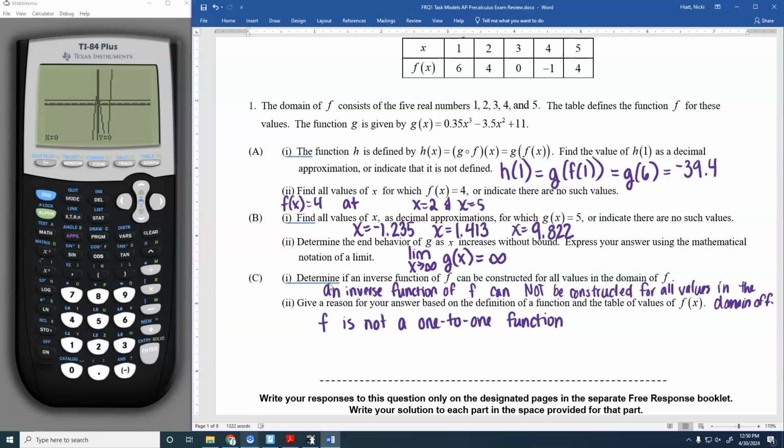Because there's a repeating Y value, right? If we're talking about F, it's a repeating Y value. What I would do for this is I'd say F is not a 1-to-1 function because F of 2 equals 4 and F of 5 equals 4.